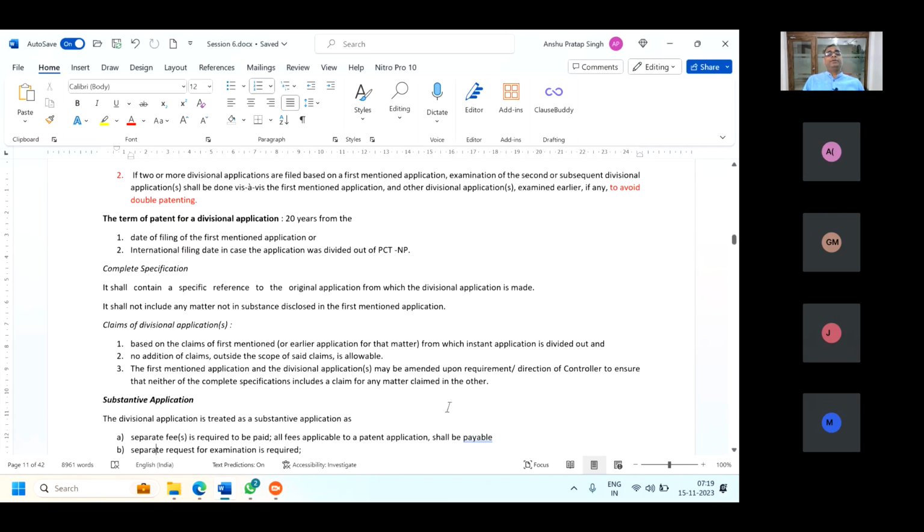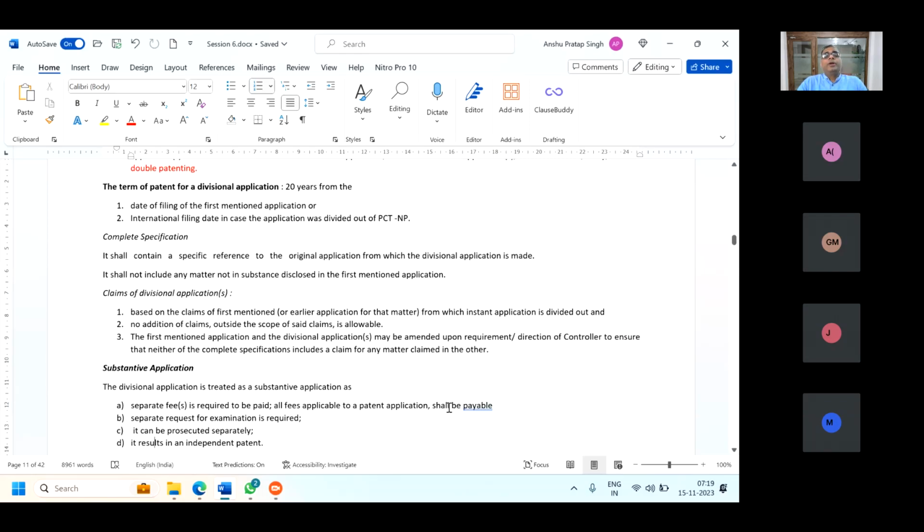Then comes the complete specification. When you are giving the complete specification, you have to make a reference to the first mentioned application. This is an additional requirement in the case of a divisional application. You have to state that this complete specification is submitted with respect to a division of the earlier original application which was submitted under this number. Another very important part is that you cannot introduce new substance in the divisional application.